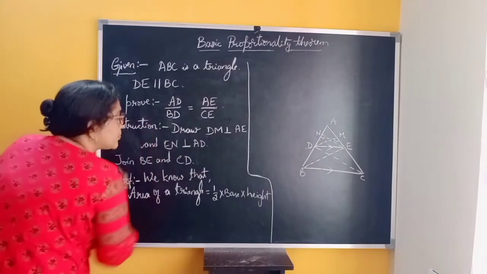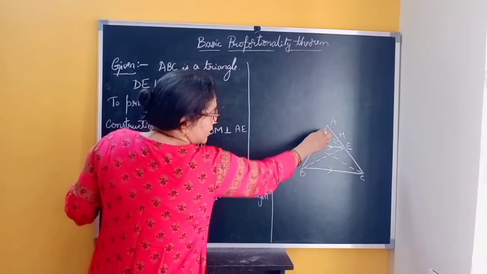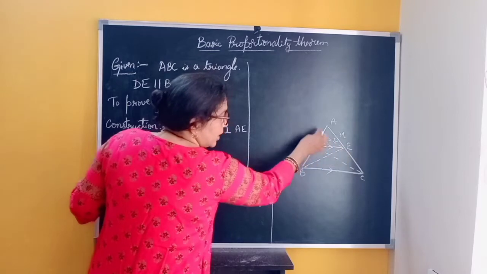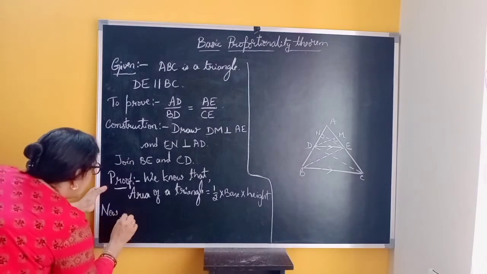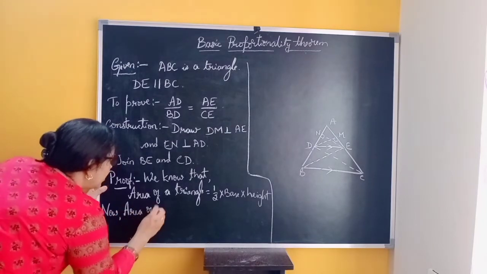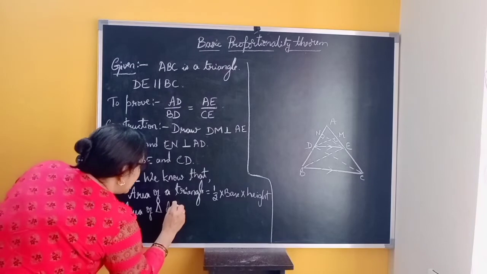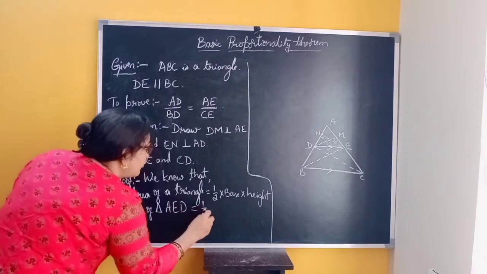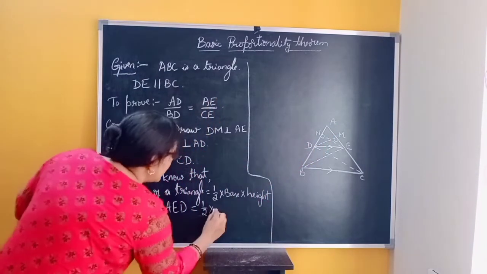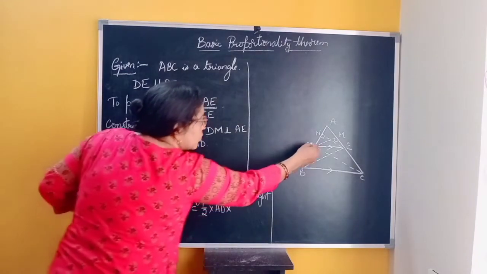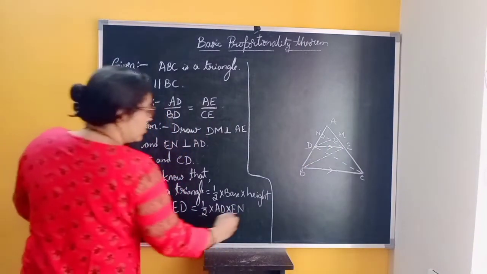So, area of triangle ADE, or AED, is equal to half into base AD into height EN. This is equation 1.